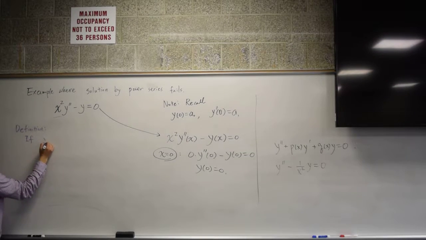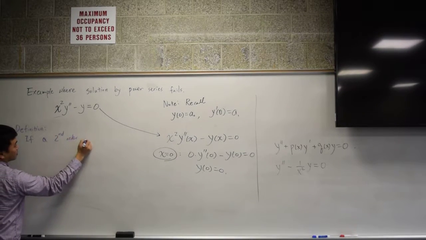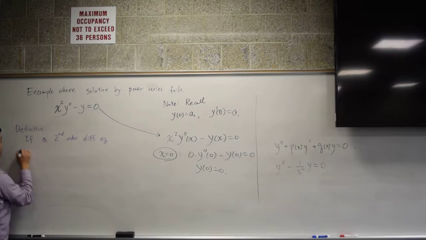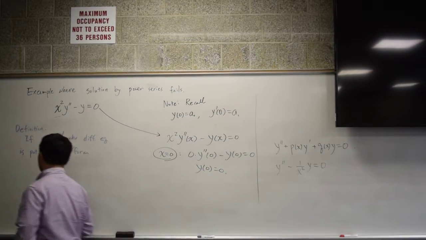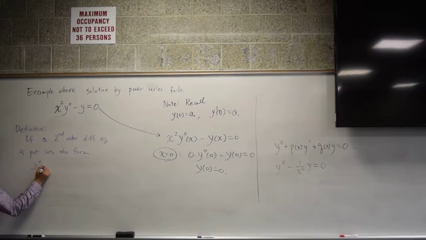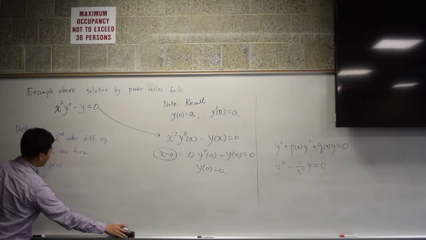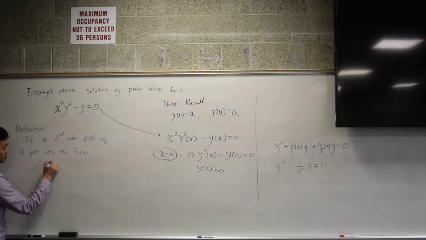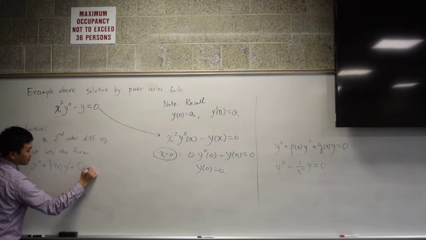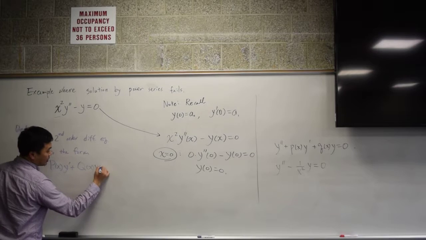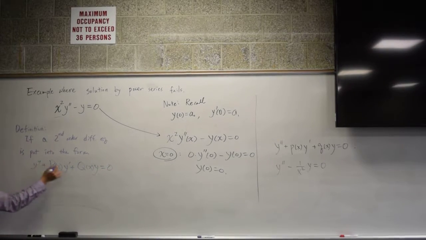If a second order homogeneous differential equation is put into the form y double prime plus, sorry, let me use capital P for future reference, capital P(x) y prime plus capital Q(x) y equal to 0.